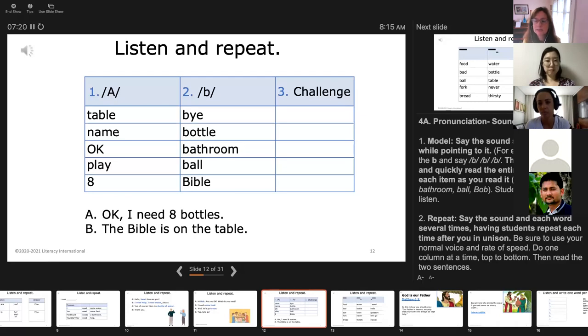Another sound that gets confused with the B sound is the V, like Victor. And so I will show with my mouth that B is with two lips, and V is with my teeth touching my lower lip.